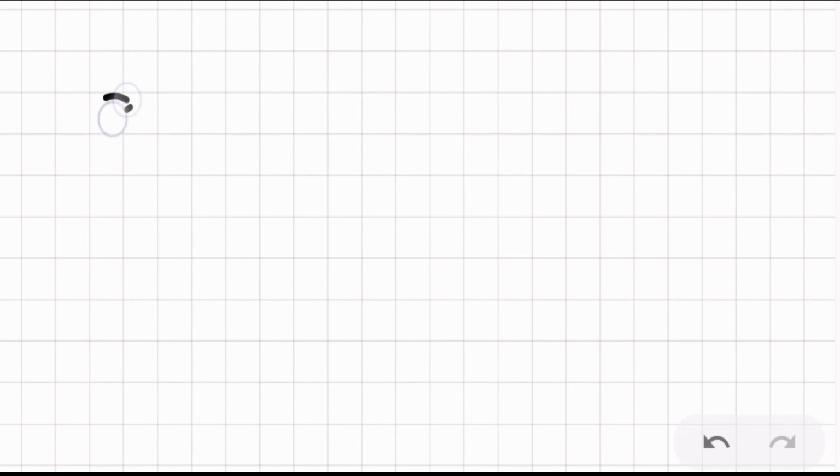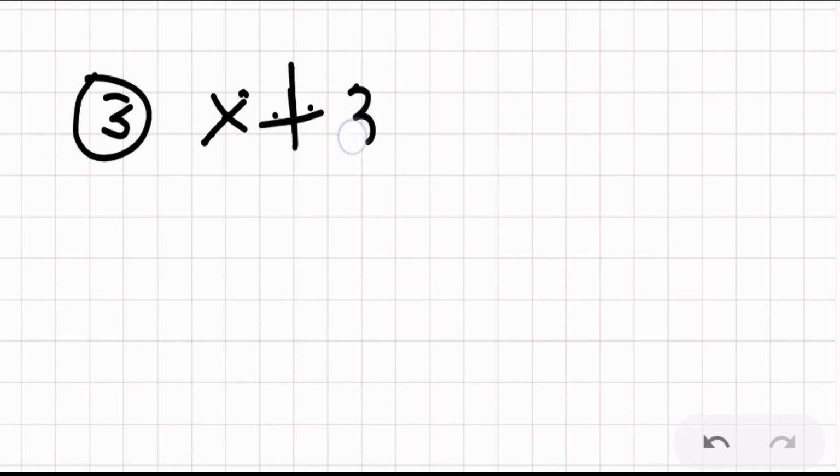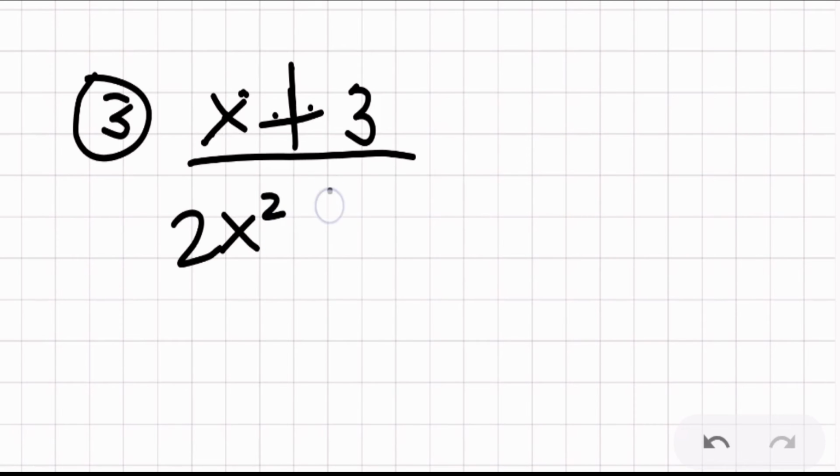Okay, for our third example, let's have x plus 3 over 2x squared plus 7x plus 3. If you notice, we can no longer do anything with our numerator, so we must deal only with our denominator.